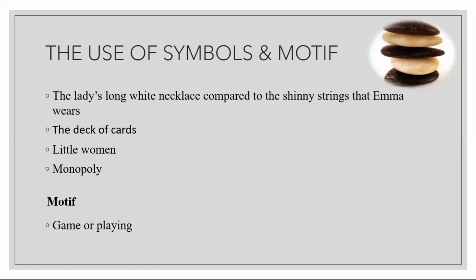Let us look at the motif, game or playing. Game or playing in Emma is seen from the very beginning. We are introduced to the children playing a game. Their playing is presented as innocent, a simple activity between two little girls.